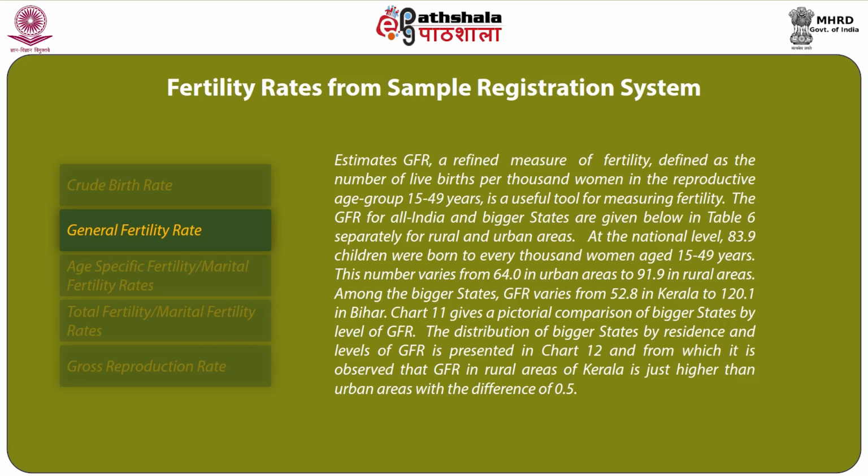The chart gives a clear pictorial comparison of the bigger states by level of general fertility rate. The distribution of bigger states by residents and levels of general fertility rate is presented in the chart, from which it is observed that the general fertility rate in rural areas of Kerala is just higher than in urban areas, with a minor difference of 0.5.